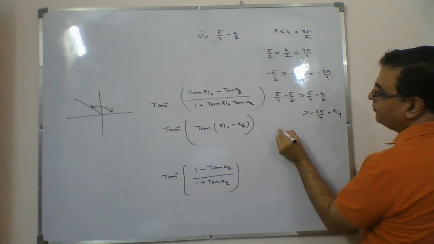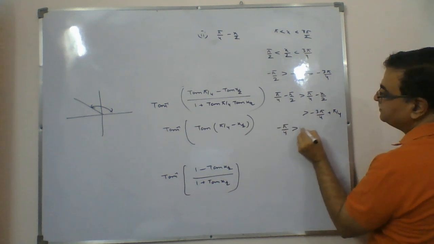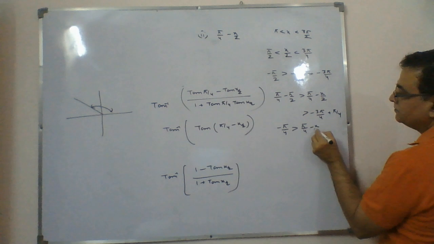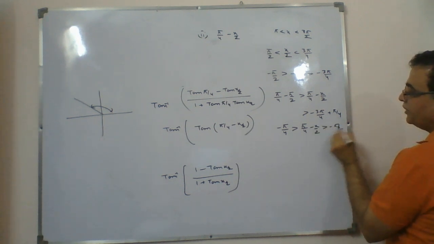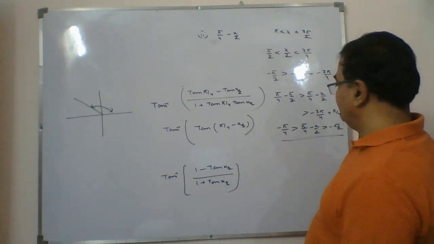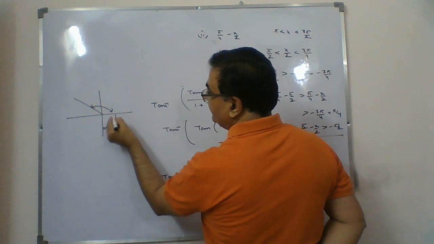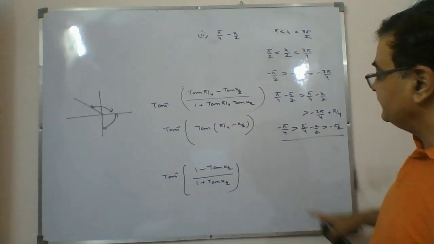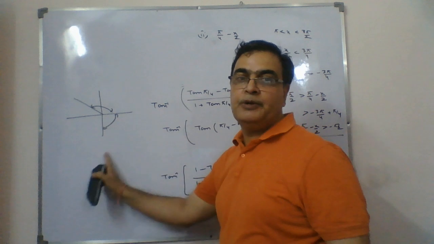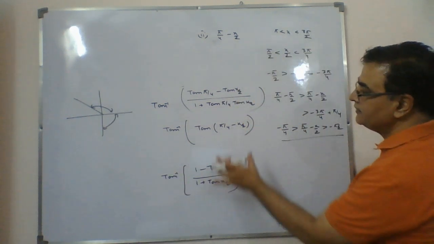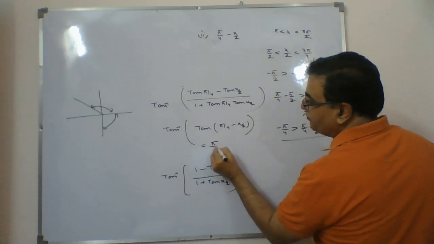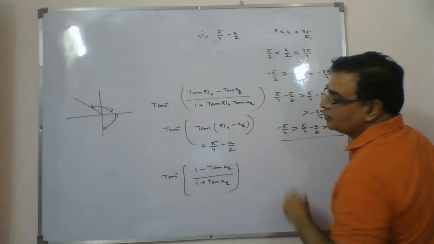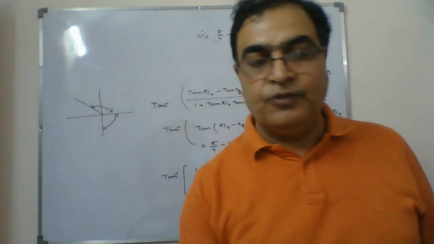When you solve it, it will come out to be minus pi by 4 to minus pi by 2. So where is this angle now? It will be somewhere here. And tan inverse always should be between minus pi by 2 to pi by 2. Yes, it is there. So the answer comes out to be pi by 4 minus x by 2. So this way you can do this question also.